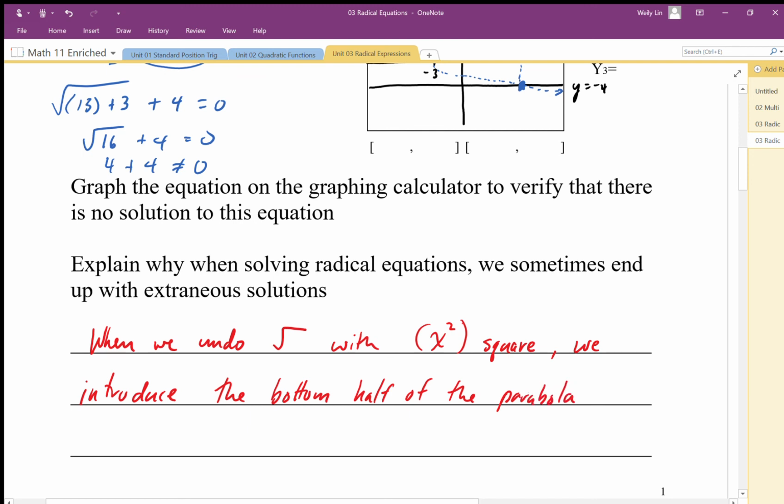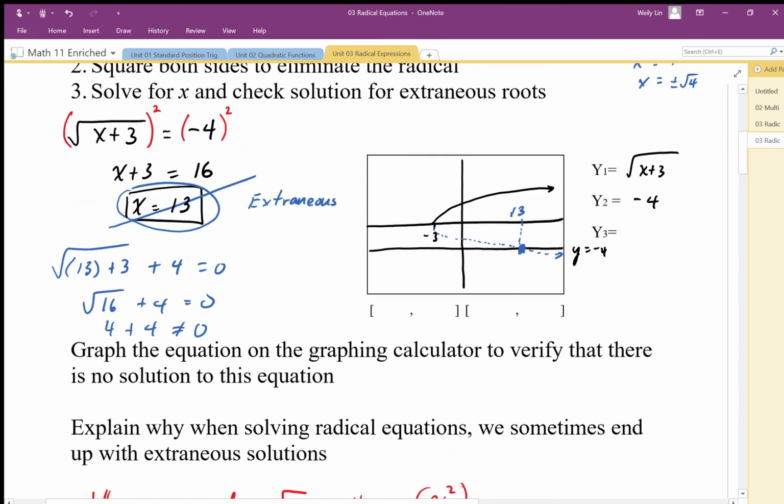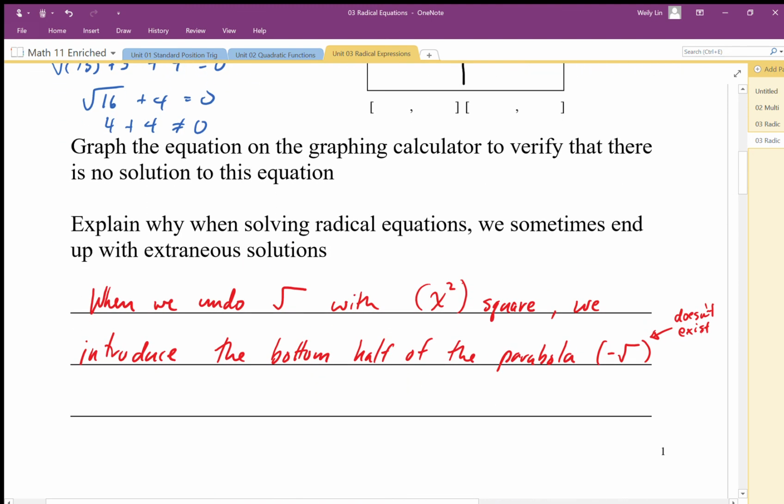And you would have seen it with the plus minus going the other way. So what I'll do is I'll put in brackets here the negative square root, which doesn't exist. Okay, this doesn't exist, because the original equation was only a positive square root equation. So when we square both sides, we introduce that negative possibility that didn't exist, which gives us possibly extraneous solutions.